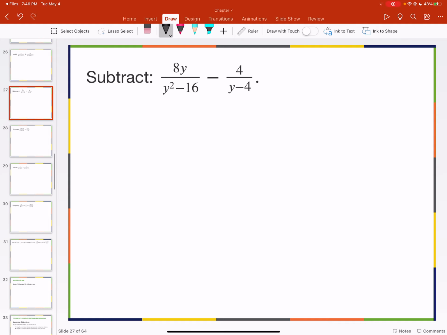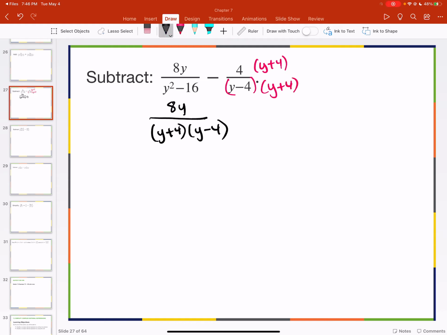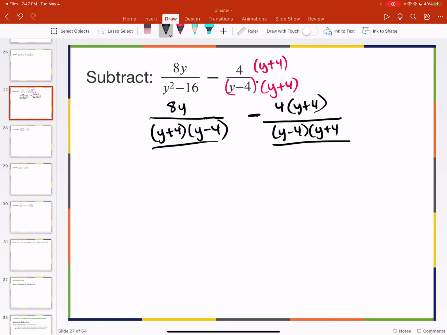We have 8y over, and y squared minus 16 factors to (y plus 4)(y minus 4). So the second one is going to be missing a factor of y plus 4. So then that's going to be minus 4 times (y plus 4) all over the same thing, (y minus 4)(y plus 4). So now I have the same LCD.